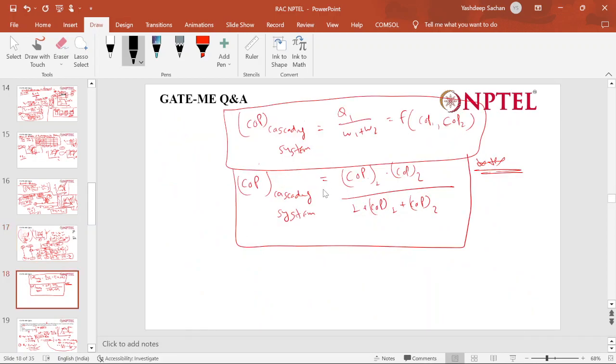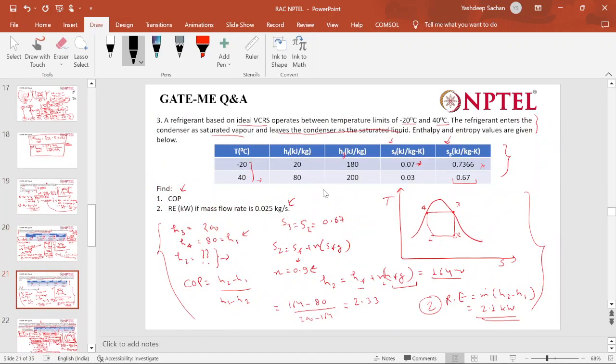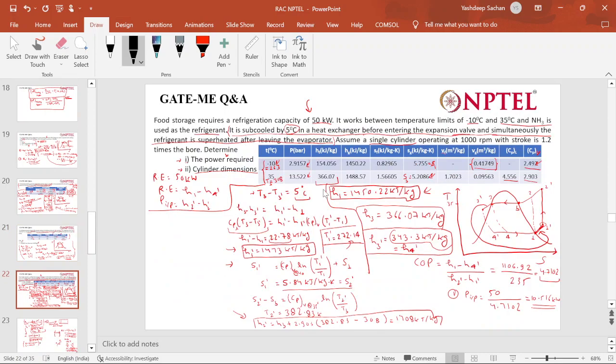In the problem's saturation pressure table, at minus 10 degrees Celsius approximately 3 bar pressure is there. At 30 degrees Celsius, approximately 13 to 14 bar. So the ratio is close to 4. And when the temperature goes to minus 40 degrees Celsius, the pressure would reach 0.5 bar. Then this ratio would be very high.